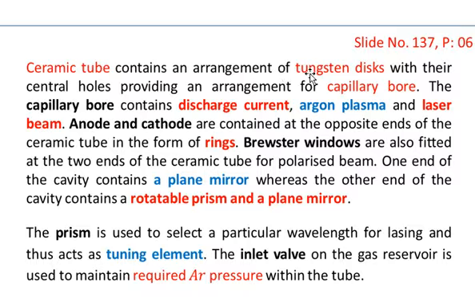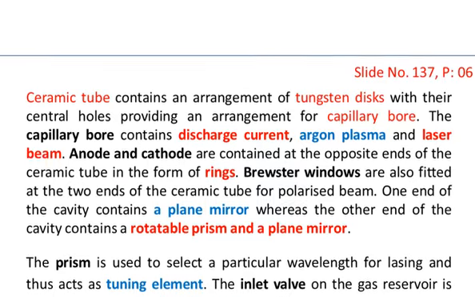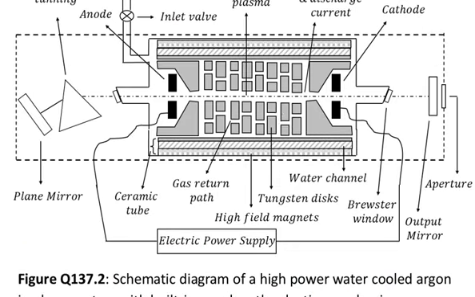The ceramic tube contains an arrangement of tungsten discs with their central holes providing an arrangement for the capillary bore. You can see that these are the tungsten discs, and there is a hole in the tungsten disc over here which provides a mechanism for the central bore, in which the argon plasma, the laser beam, and the discharge current will be present.